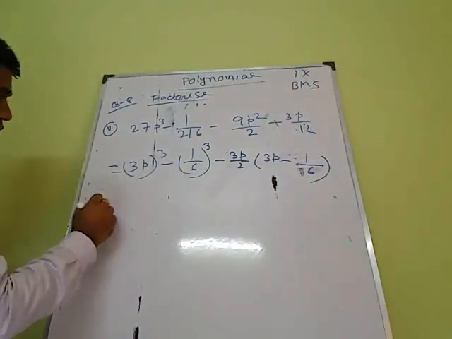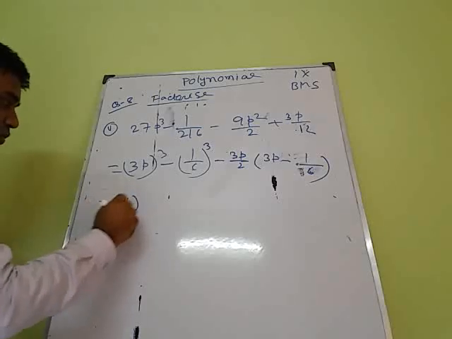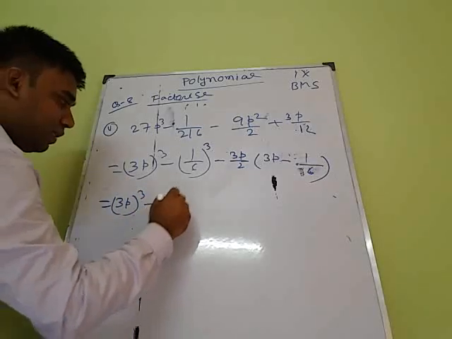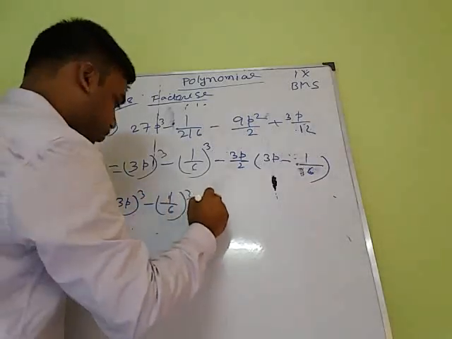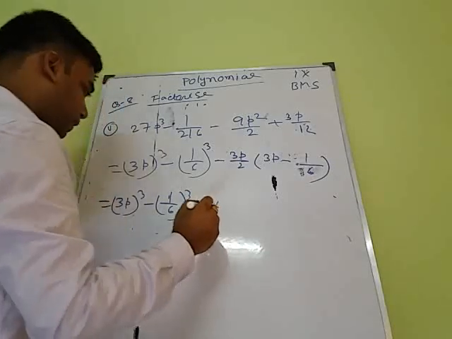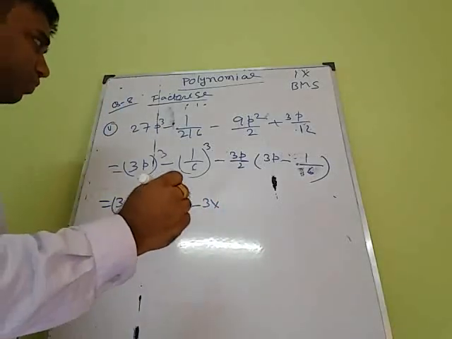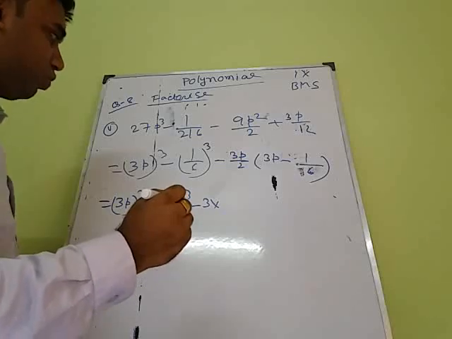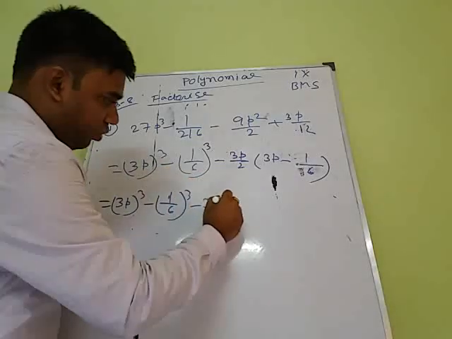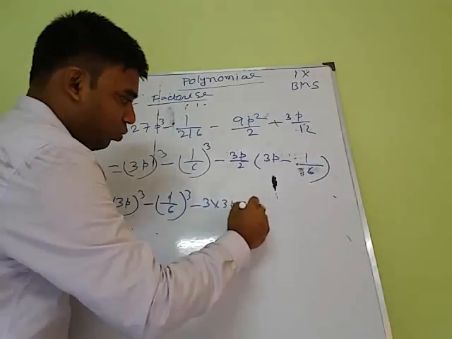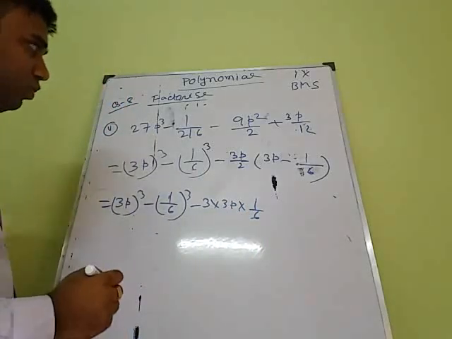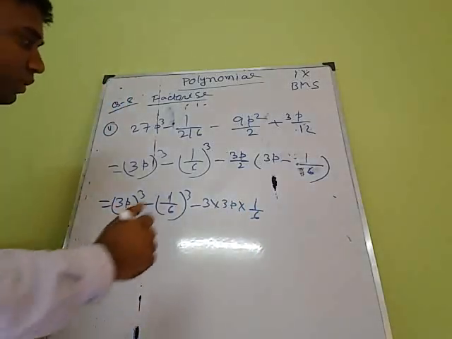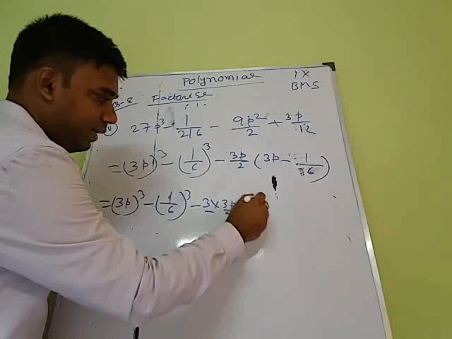So (3p) whole cube minus (1/6) whole cube minus 3 into a into b, so 3p into 1 by 6. 3p is a and this portion is b.